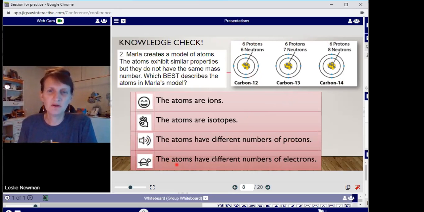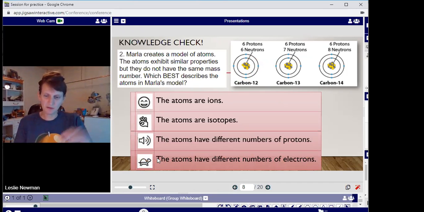Same thing with the turtle: they have different numbers of electrons. It might be hard to see, but these little blue dots are the electrons, and there are 6 of them in each picture. So they do not have different numbers of electrons, and the turtle is out.